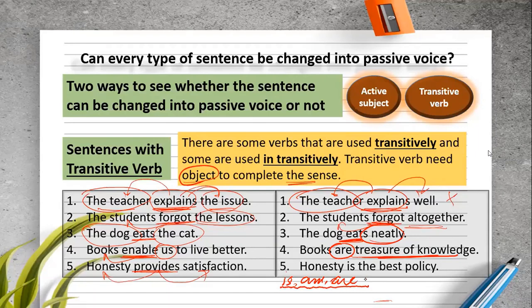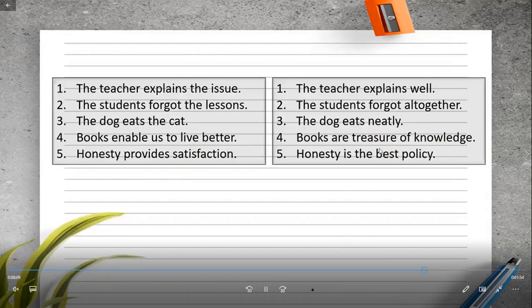So honesty is the best policy has is, so it cannot be changed into passive form.